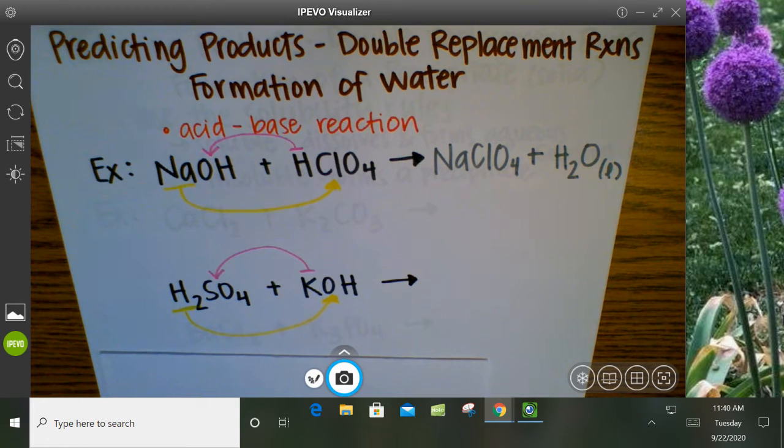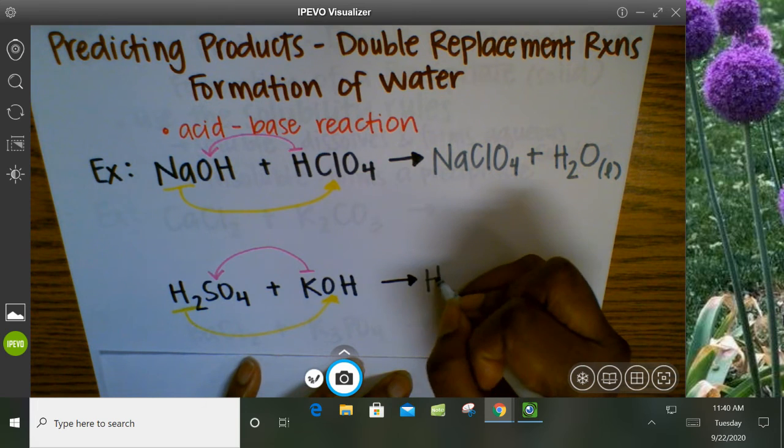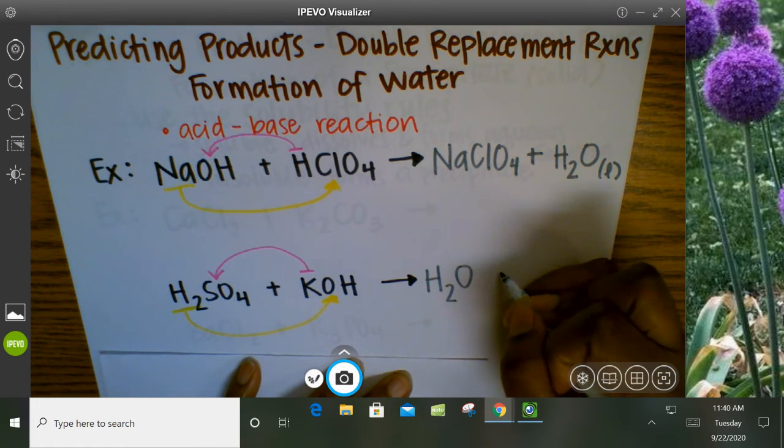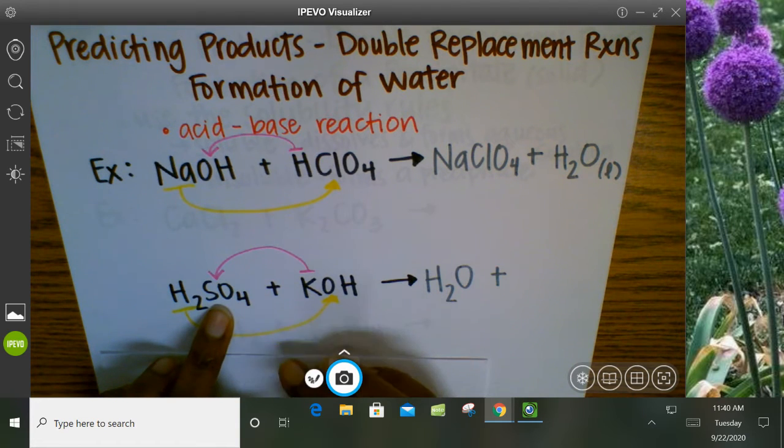Not the sulfuric acid, but the sulfate. And we're going to get H and OH, which will give us H2O, plus K and SO4.